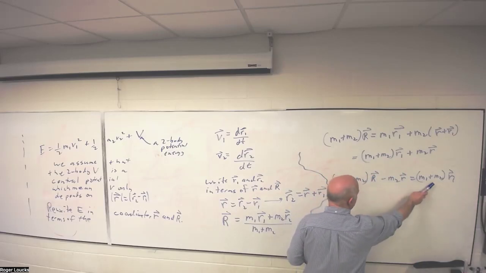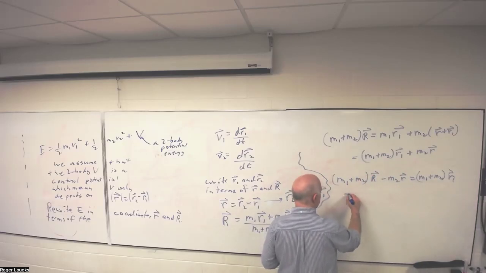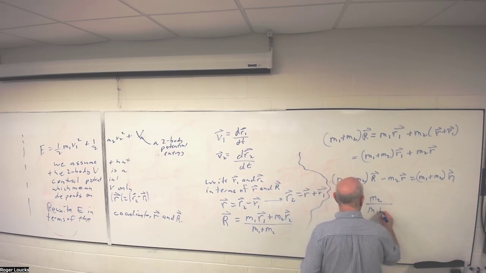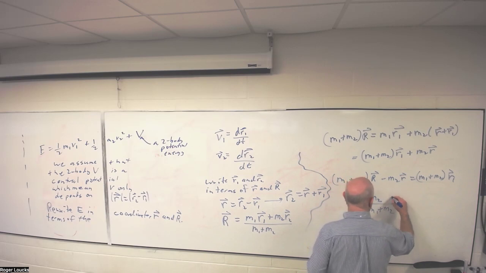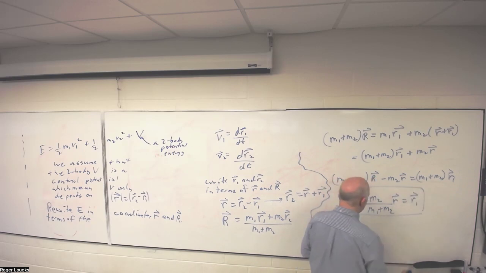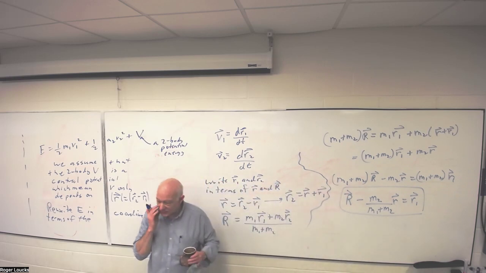And I'm going to divide through by the mass from here, and if I do that, I'm left with this. Does that make sense?